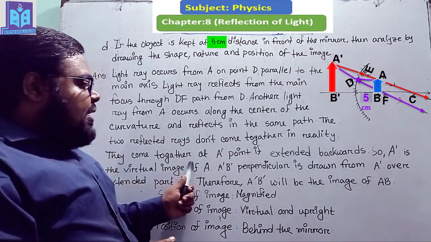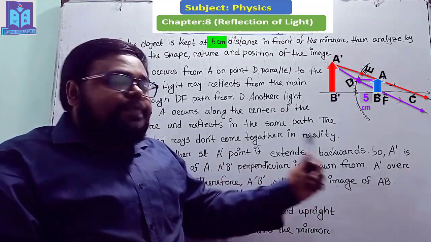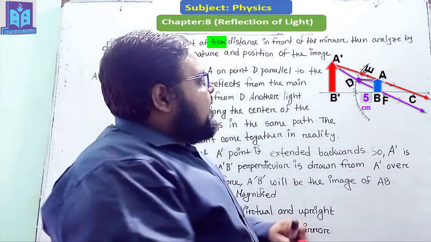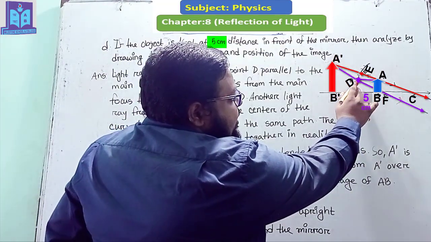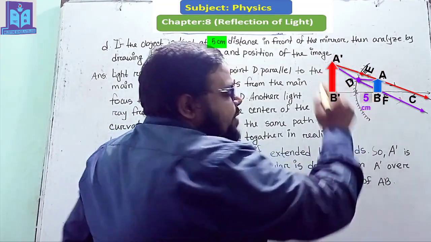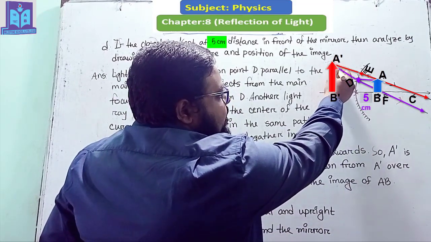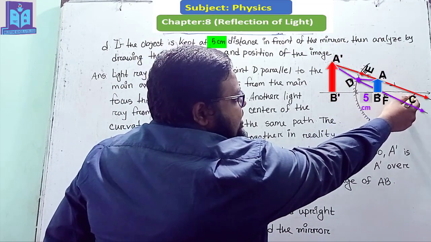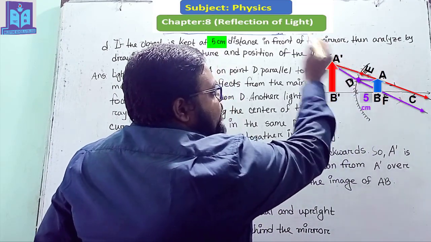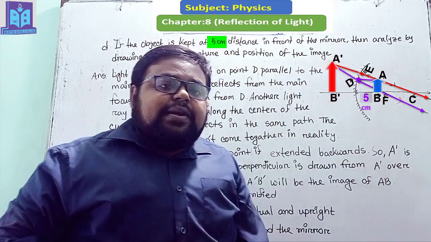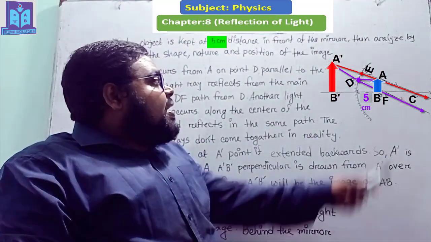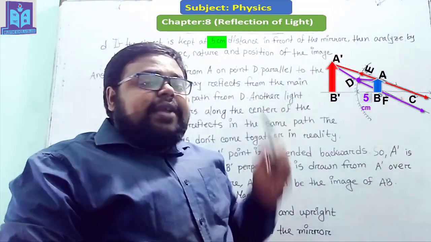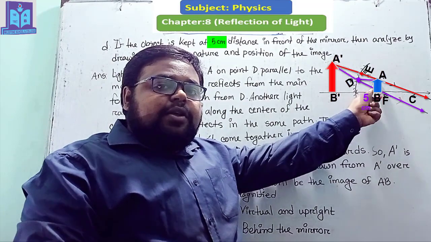They come together at a point if extended backwards. If I extend the reflected ray DF backward, and also the reflected ray EC backward, they will meet at the A prime point. And I hope you understand this A prime point is the image of A.